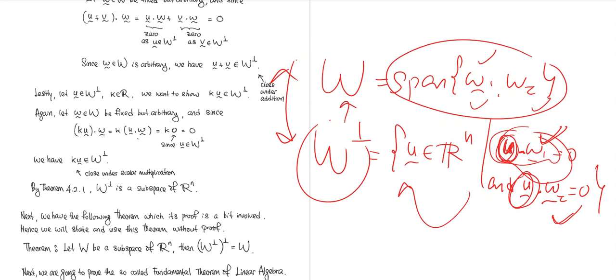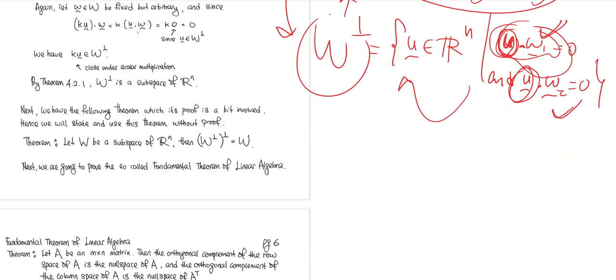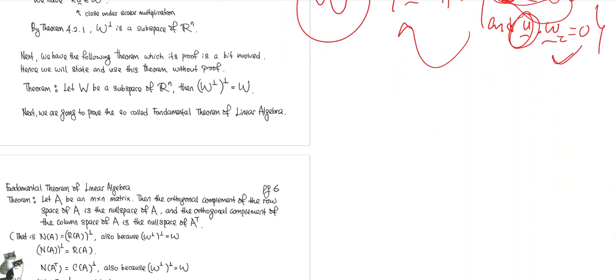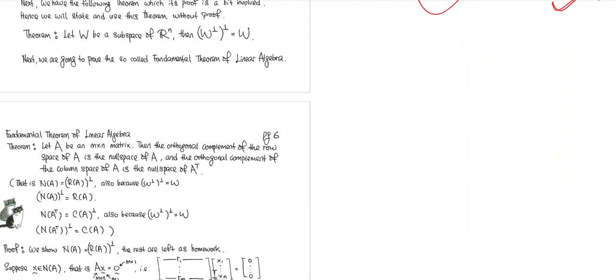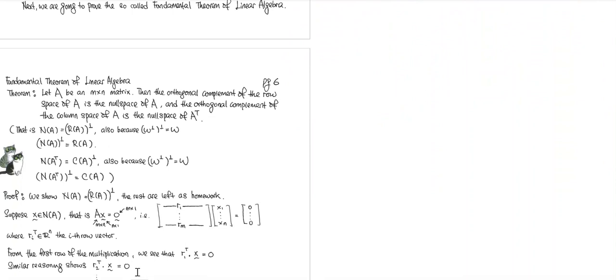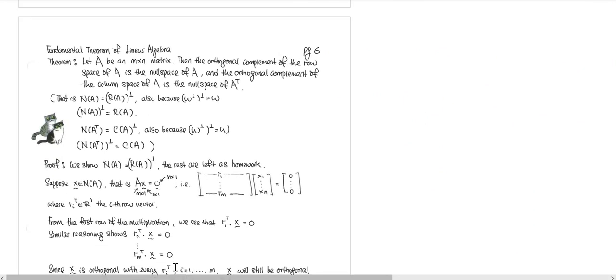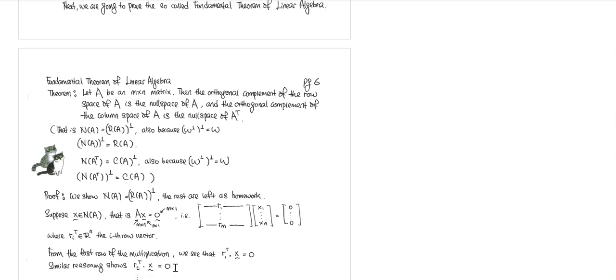Okay. So we should have enough review so that we can now look at what we want to look at today, which is the fundamental theorem of linear algebra. This is a very important theorem. In fact, we will use it in developing the theory of least squares methods.